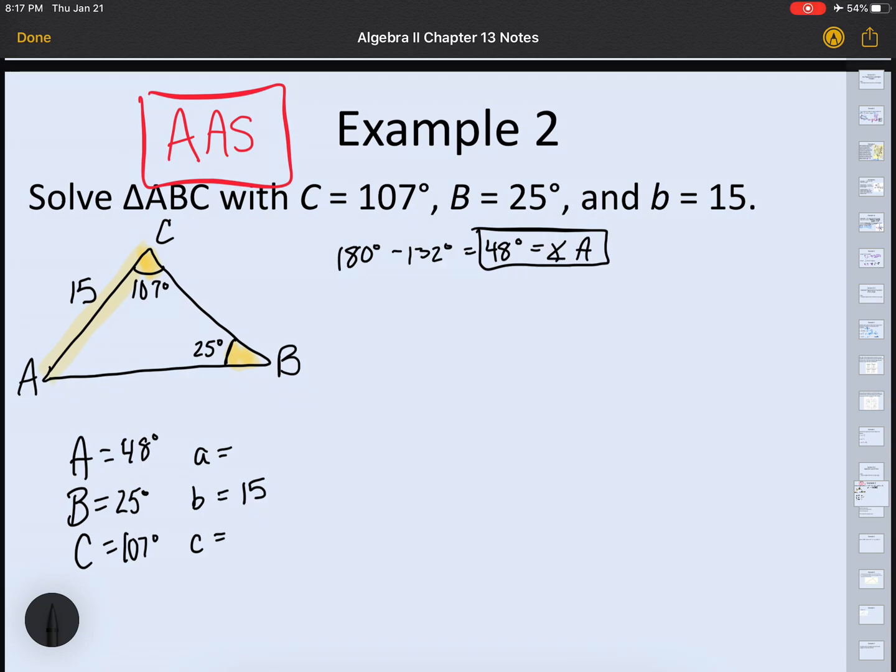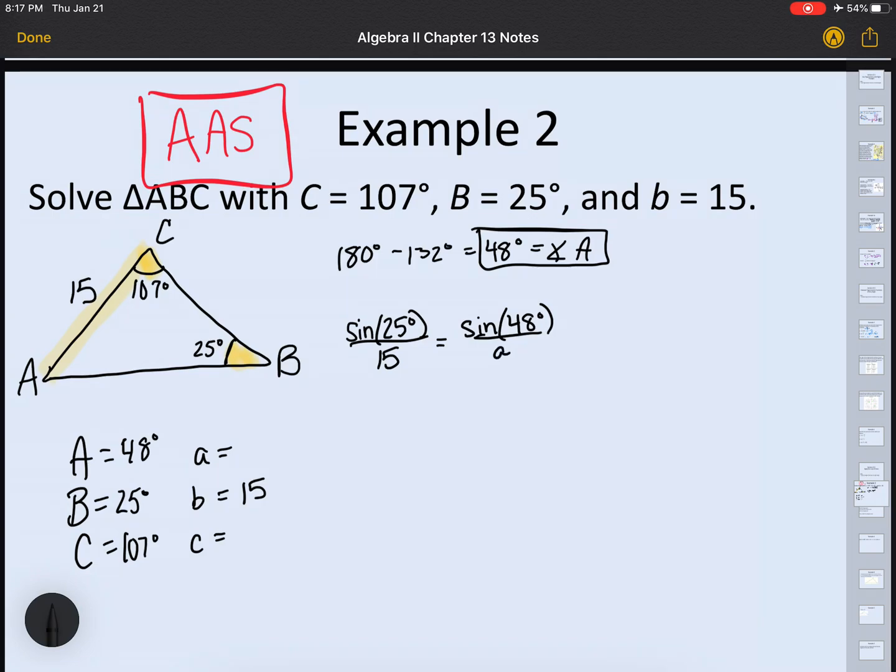So now that we know angle B and its side length, we could solve for the other side lengths, a or c. Because the sine of angle B, or 25 degrees, all over side length b of 15, can equal the sine of A, its angle, which was 48 degrees, all over little a.